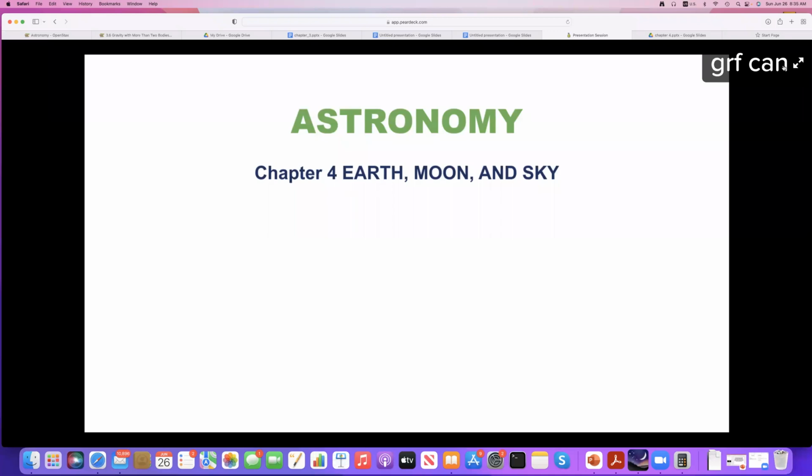And then in the last few weeks, we talked about orbits and motion. That is about the different laws that we use to explain the movements of the planets and different objects in our solar system, right?